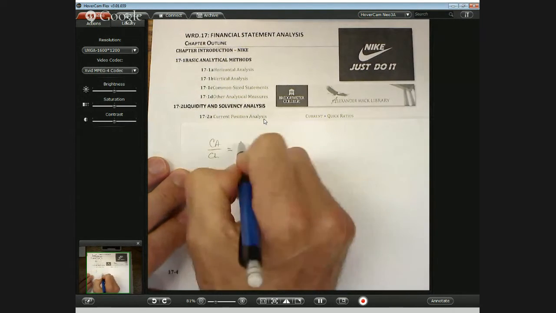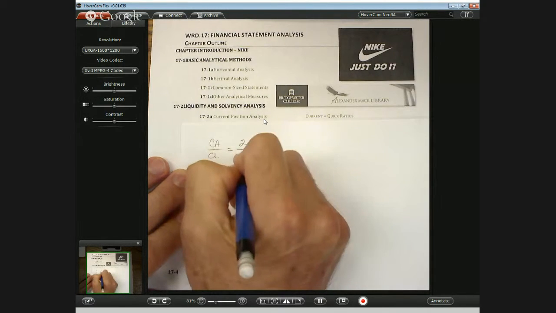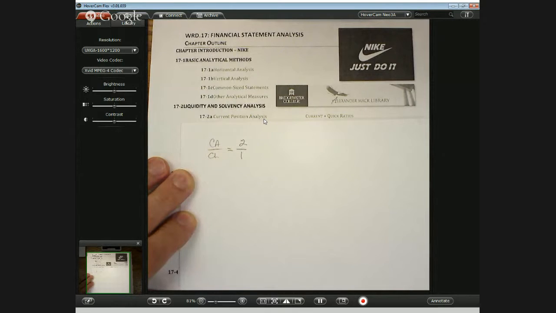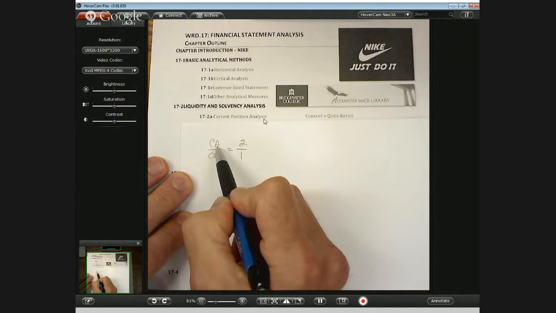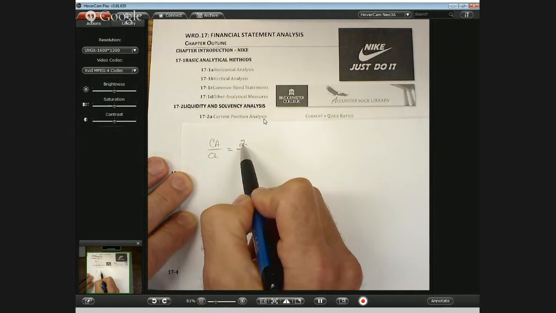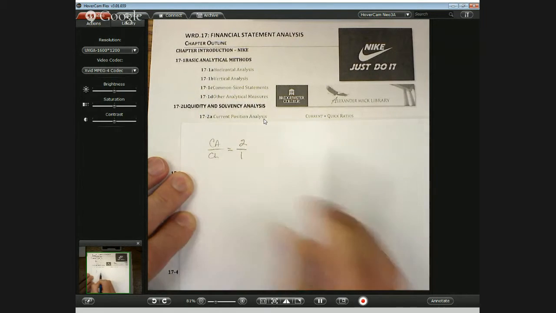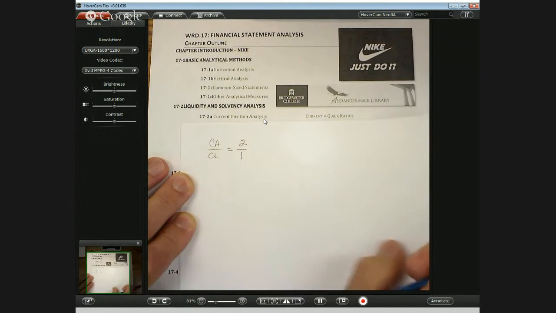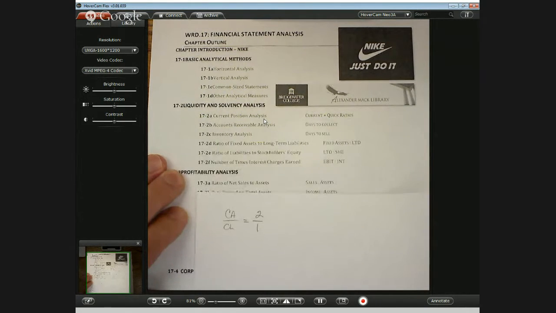And any value that you would have for a ratio, let's say that you had a current position of 2, which means that there would be $2 of current assets for every $1 of current liabilities. A ratio is interpreted as the number of dollars of whatever is in the numerator for a single dollar of what is in the denominator. That's it. That's as straightforward as all the ratios are.